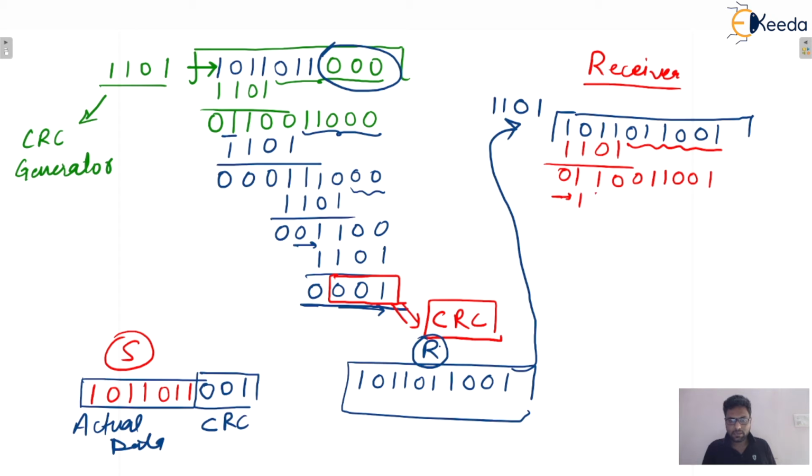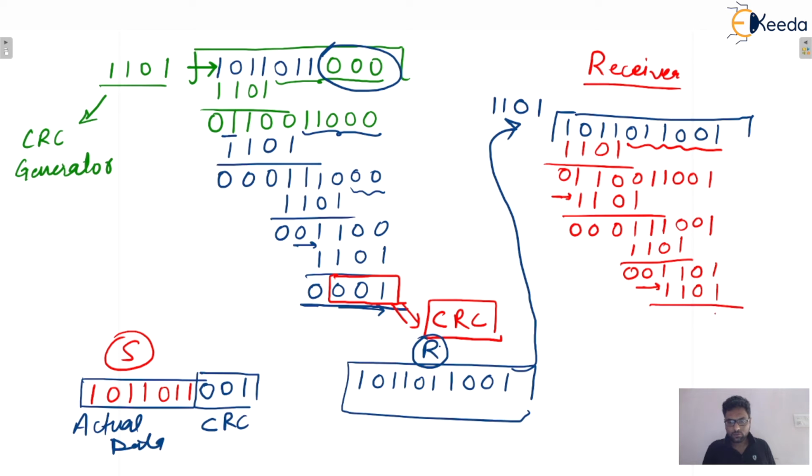Now from the leading one, again 1101, take XOR operation, 1000. Write the remaining bits as it is. Now from the leading one, again write 1101. So this is 1100, that is 01. From the leading one, again write 1101. So you can see 000.